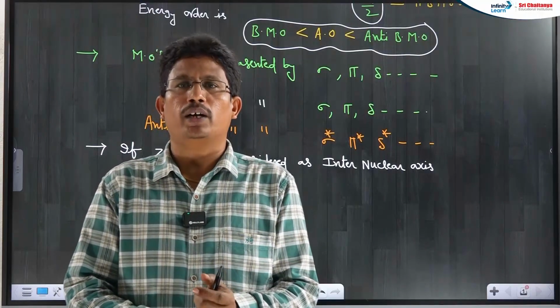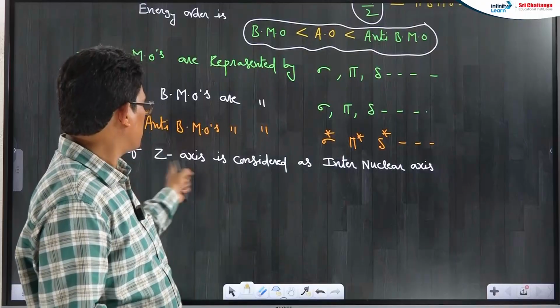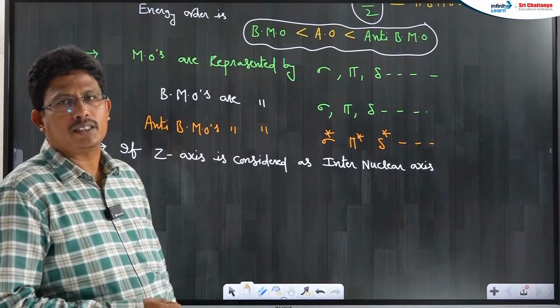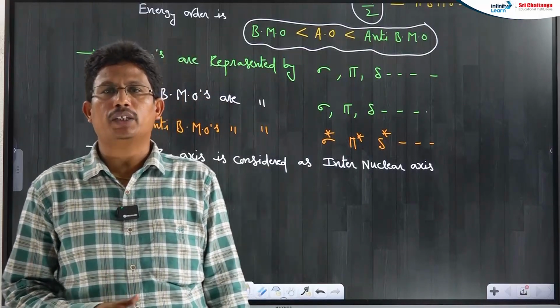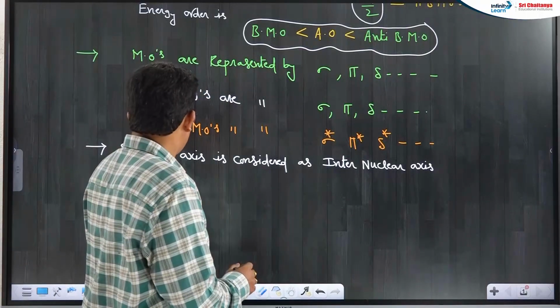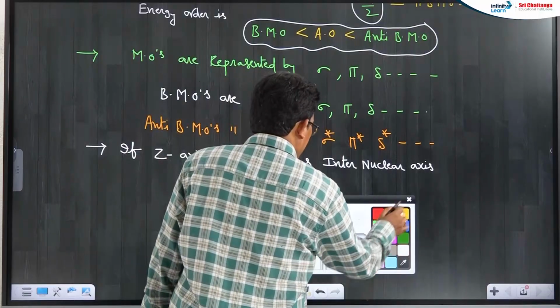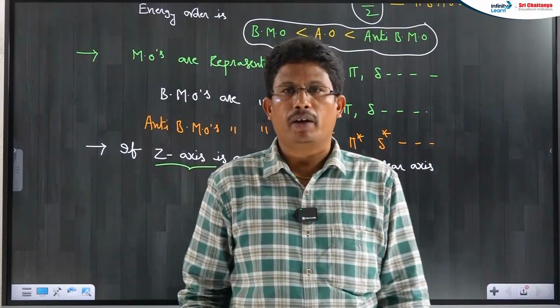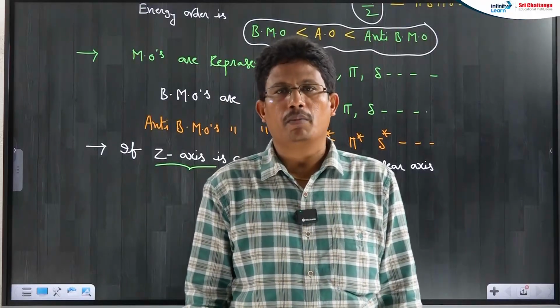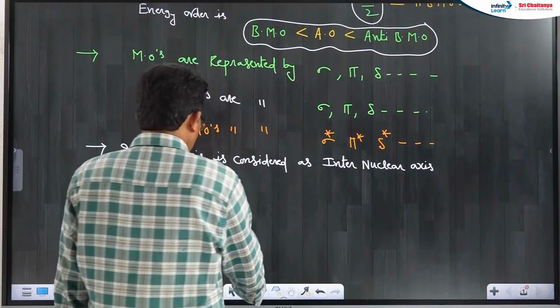The remaining px and py sidewise overlapping leads to the formation of pi bonds. So the pz orbital forms sigma, and the remaining two form pi bonds: sigma orbitals and pi orbitals.